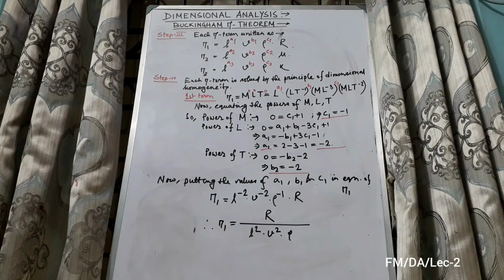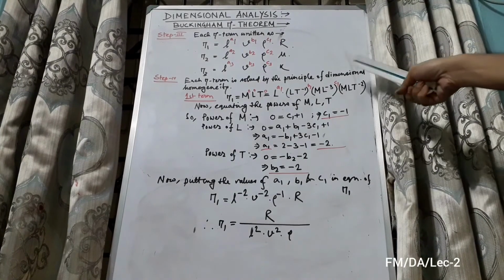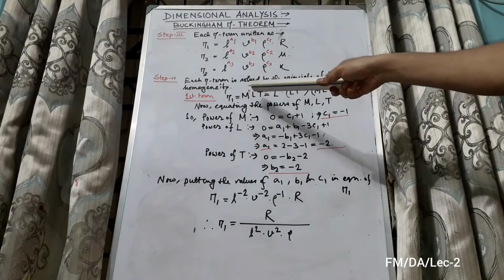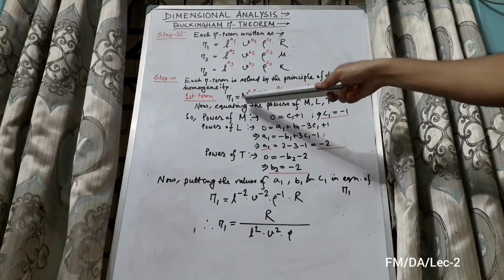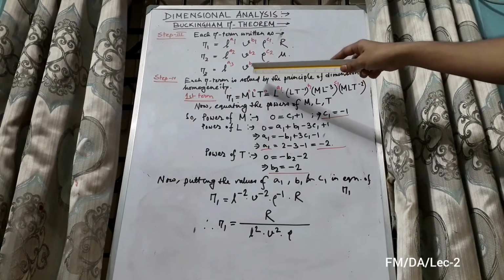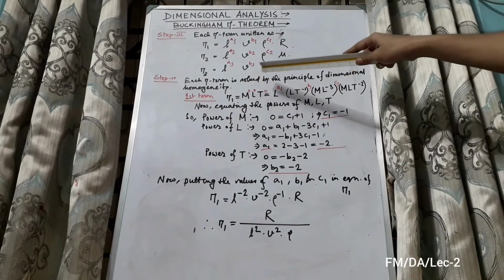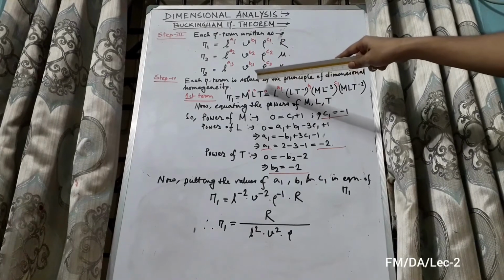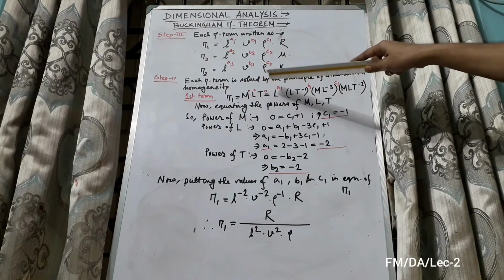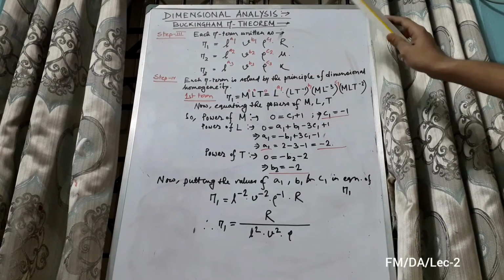We consider that in this equation the dimensional homogeneity is maintained. So the fundamental dimensions are M, L, T. The power of M equals 0, the power of L is 0, and the power of T is 0. All the powers of M, L, T are considered 0 here.